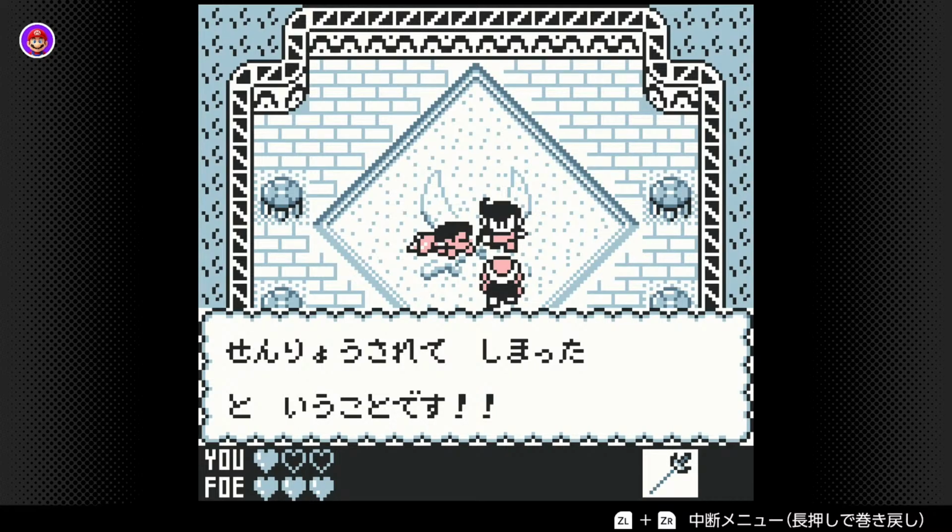Yeah, we're talking about the friend, the kingdom that was in a friendly relationship with this one got attacked. And yeah, here is saying so. Senryo sarete shimatta toyu koto desu.